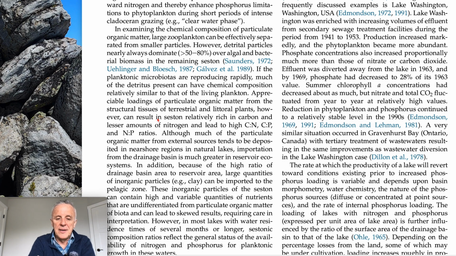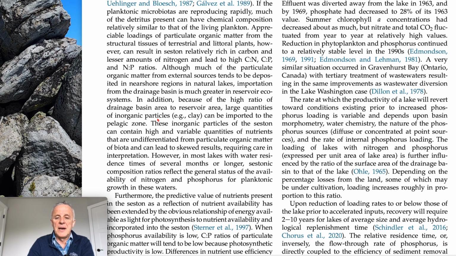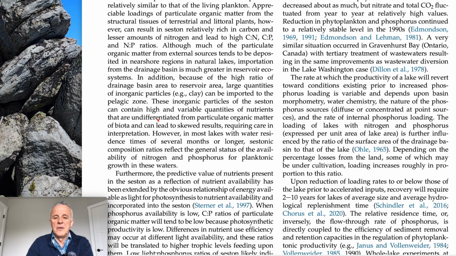If the planktonic microbiota are reproducing rapidly, much of the detritus present can have a chemical composition relatively similar to that of the living plankton. Appreciable loadings of particulate organic matter from the structural tissues of terrestrial and littoral plants, however, can result in seston relatively rich in carbon and lesser amounts of nitrogen, and lead to high C:N, C:P, and N:P ratios.